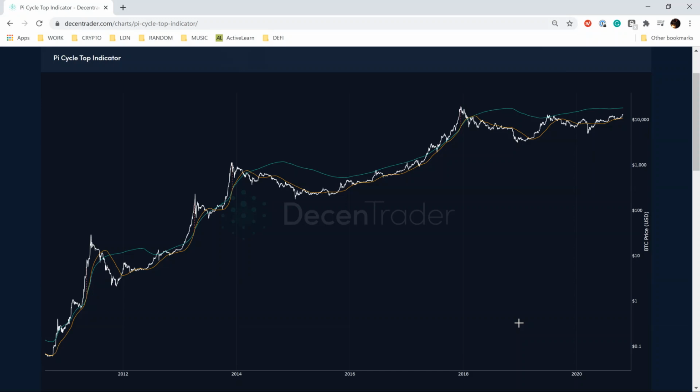This is probably one of the most accurate indicators I've come across for Bitcoin in terms of being able to pick out the market cycle tops, the very tops of Bitcoin's price cycles at the top of each bull market. So hopefully you'll find it interesting. I think it's super interesting how it works, and obviously we'll have to see how well it plays out this cycle. Right, so this one is extremely simple, and I'm kind of amazed by its simplicity really.